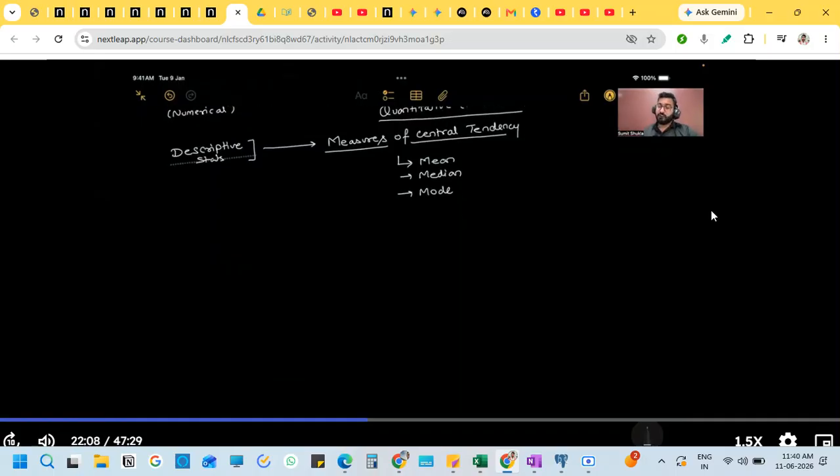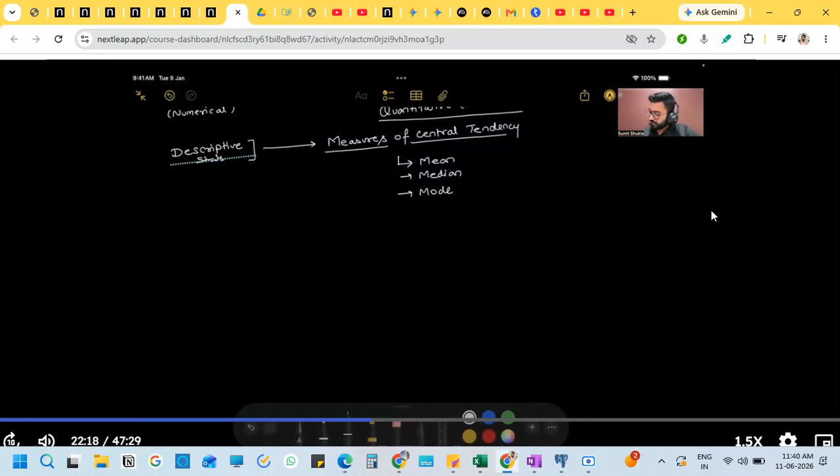What is mean, median, and mode? You must have heard about this. You must have used it. You must have calculated it. But let's understand what exactly it is. Let's say that this is the salary data of all the employees that work in a company.